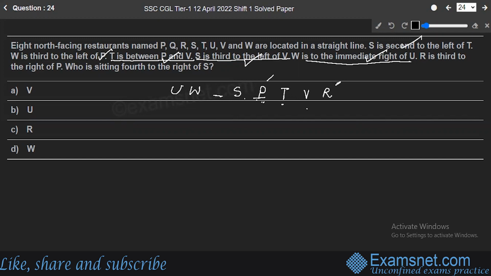So now all are occupied. We have P, Q, R, S, T, U, V, W. So you are left with one position here, which will be occupied by Q.